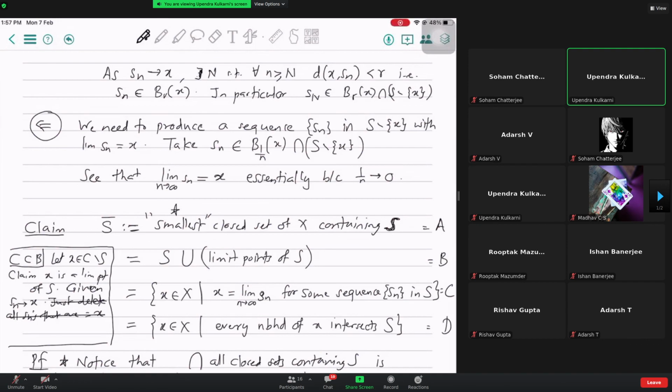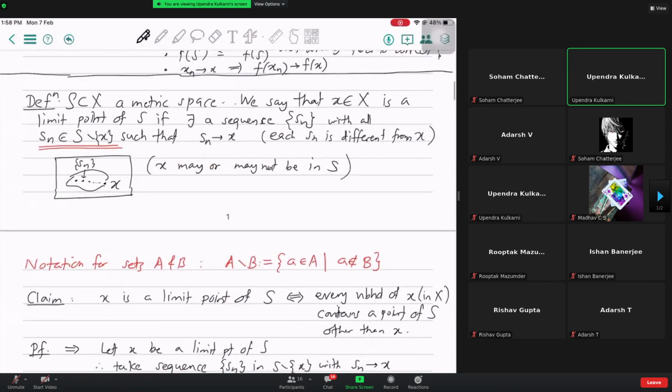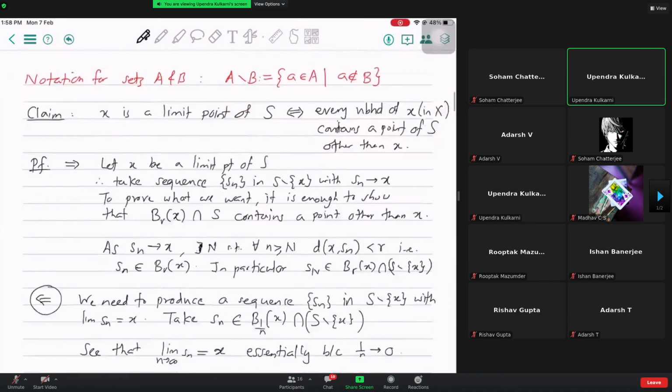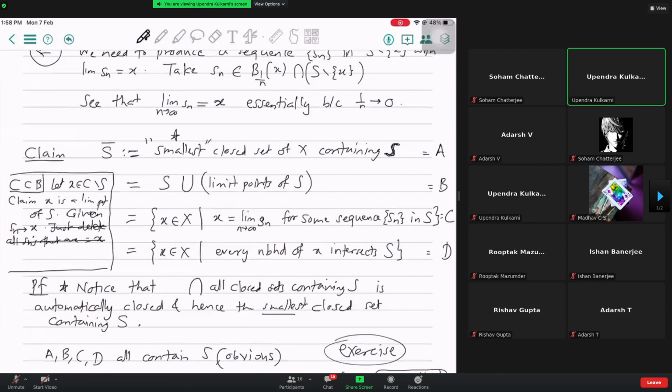But the Sns are in S and X is not in S. So it's automatically a legitimate sequence. Just look over here, the definition: each Sn has to be an element of S, but other than X. I just tied myself in knots because I was not thinking straight. I think it's much easier than that. Just please check the proof.